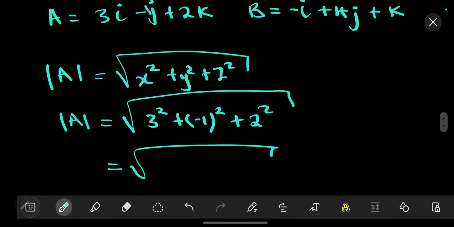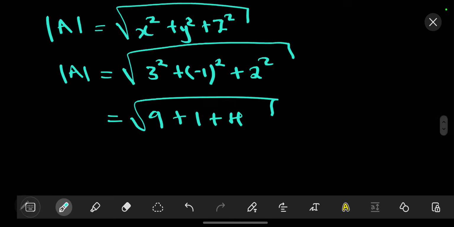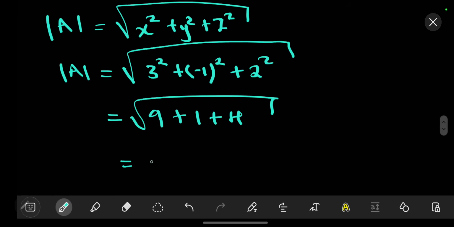So this will be equal to the square root of 9 plus 1, since negative 1 squared is 1, plus 4. So this shall be equal to the square root of 14. So this is our size of a.